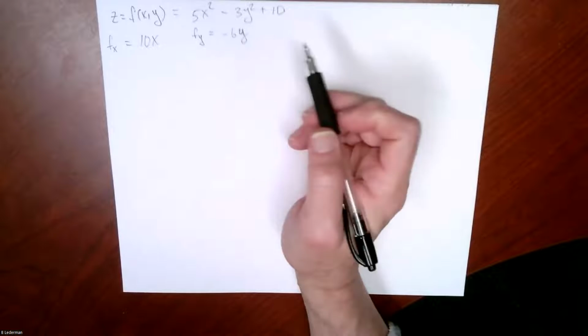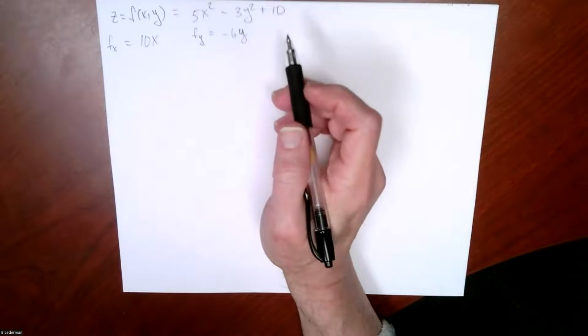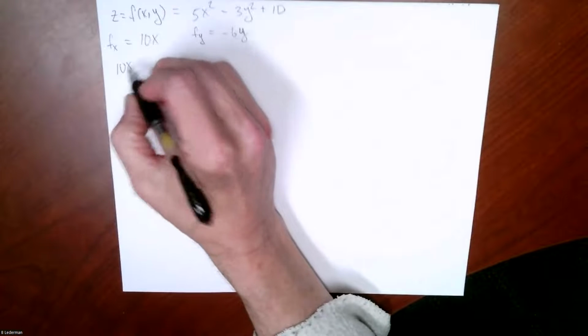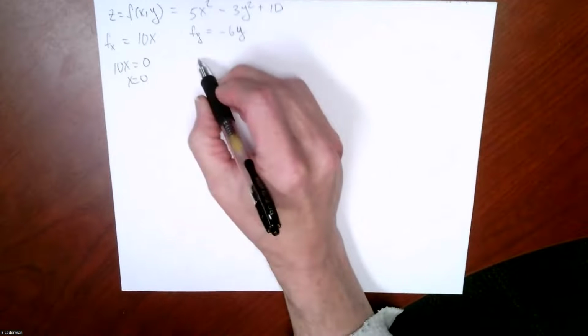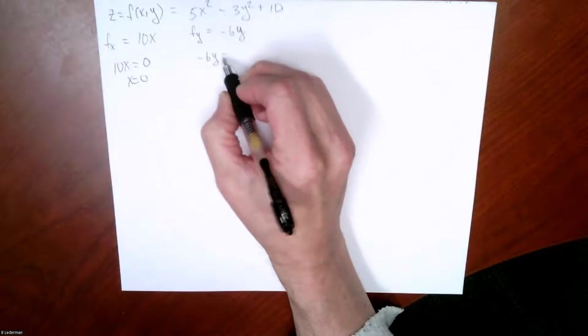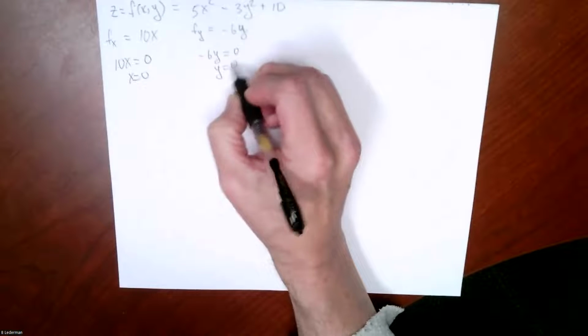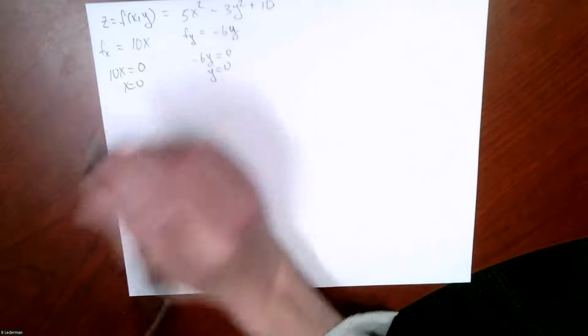Negative 6y is just a polynomial, not undefined, but it's equal to 0. So if I set 10x equal to 0, I get x equals 0. And if I set this equal to 0, I get y equals 0. Really, it's 0, 0.